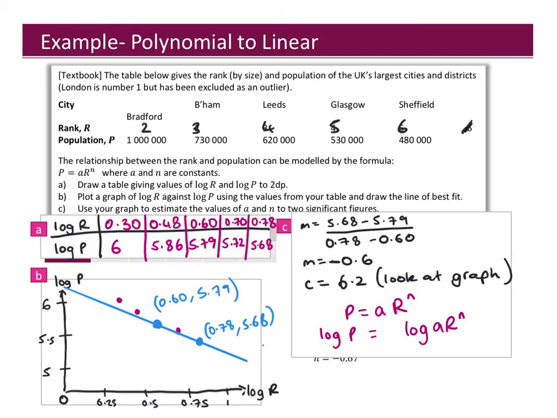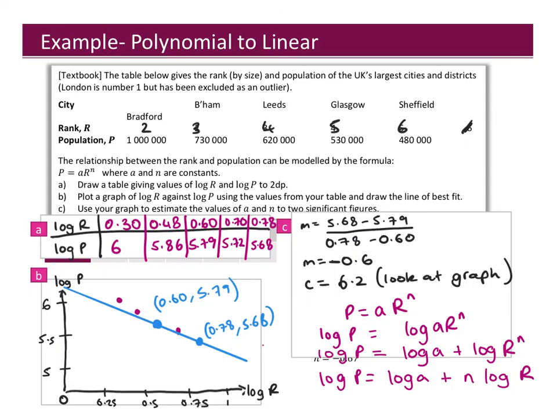Using log laws, I'm going to get log of A plus log of R to the power of n, aren't I? So log P equals log A plus n log R. Okay, everyone happy with those?